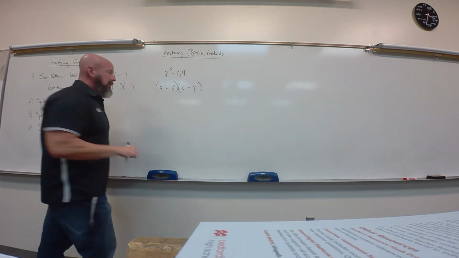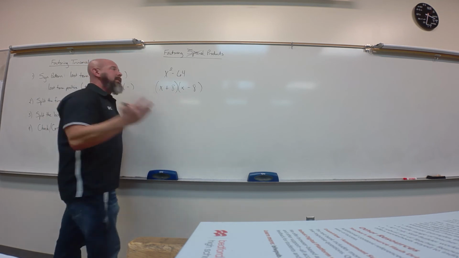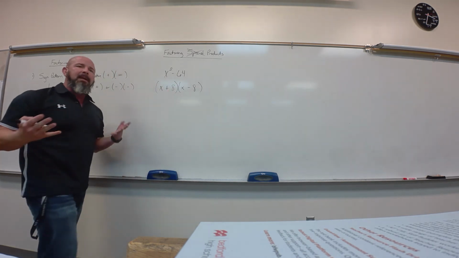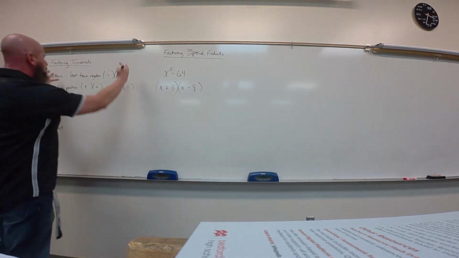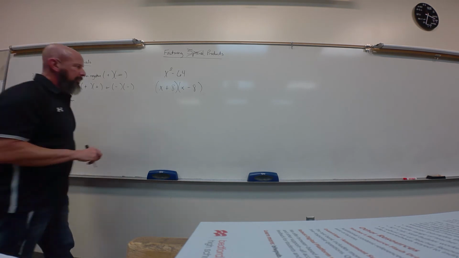I check. Negative 8, positive 8, that gives me 0. That's what I wanted because there is no middle term. I didn't do anything special in the factoring aspect. I followed the same thing I did when I was factoring trinomials. Same steps: sign pattern, get that first term factored, get the last term factored, check and correct.